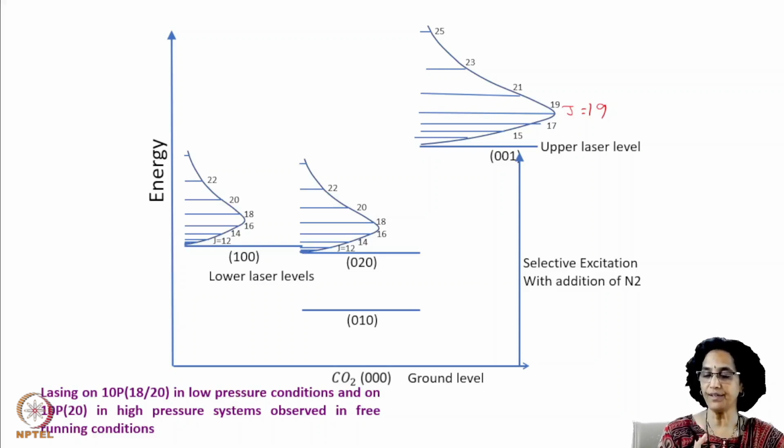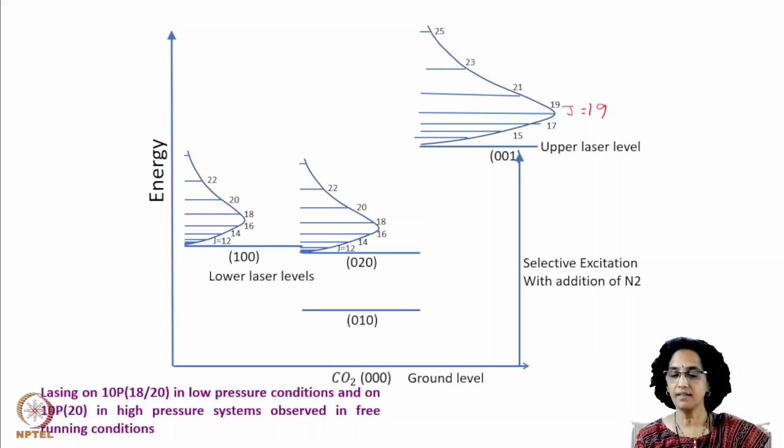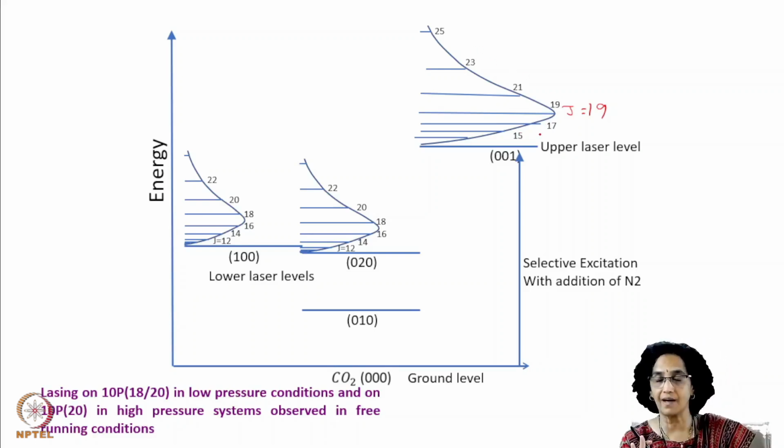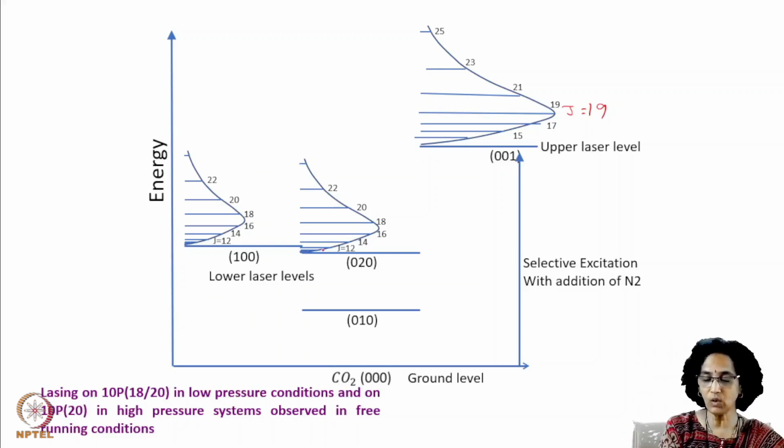Now, one important thing that you have to see here is that in the upper laser level, you find certain J levels missing. Can you see what are missing here? The even J levels are missing. Whereas in the lower laser levels, 020 and 100, the odd J levels are missing. Why does this happen?